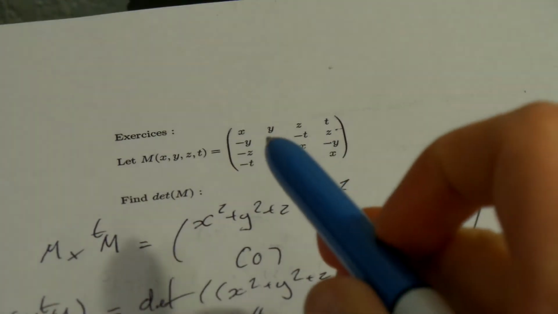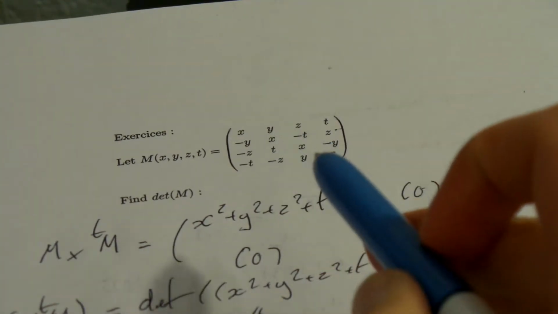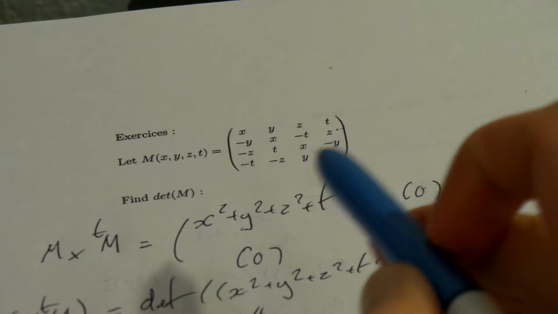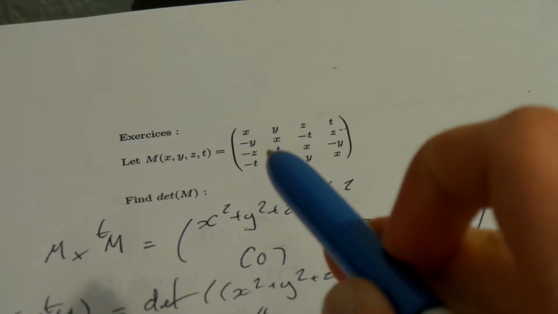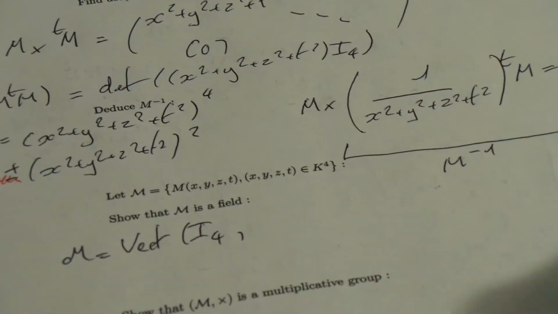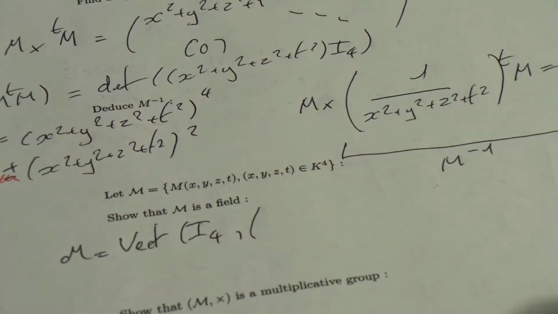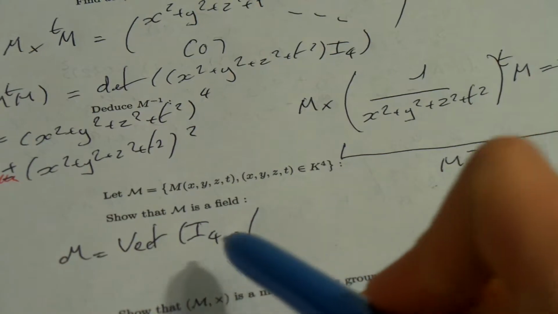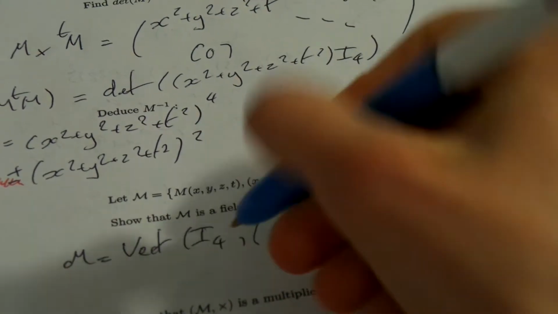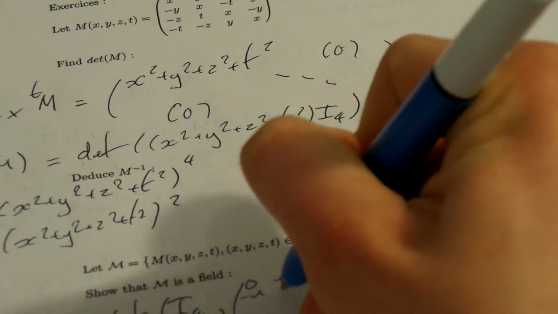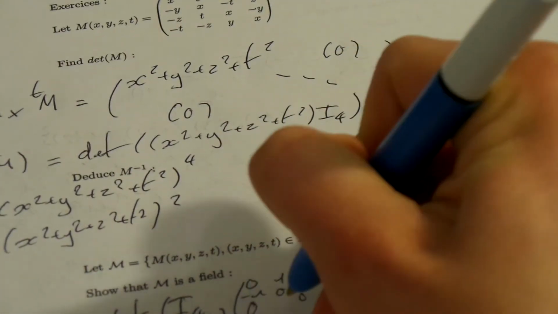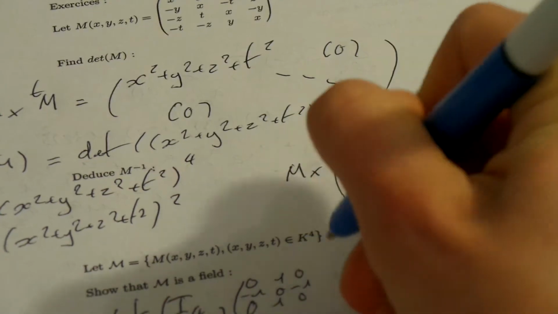Now if we look at the y values, then we have one here, here, here, and here, and there are only plus or minus 1s in those positions. So we can write the y in the M as a matrix of 0, minus 1, 1, 0, 0, 0, 1, minus 1, 0.